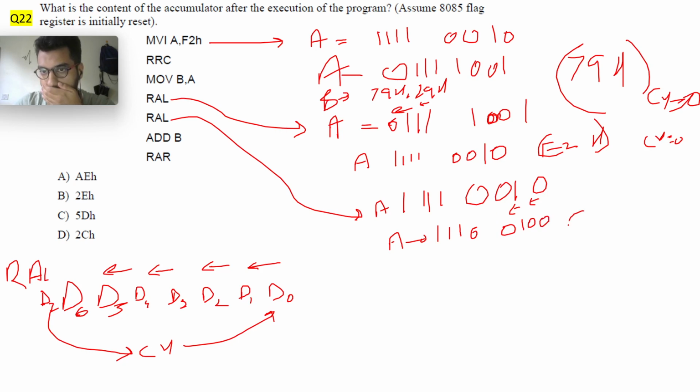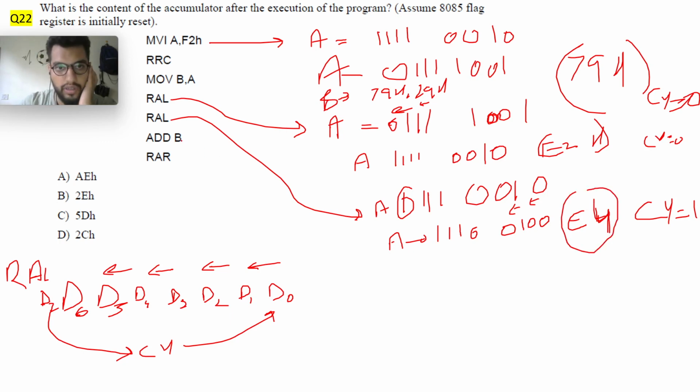So it is E4, but carry will now be equal to 1 because this bit moved into the carry flag. So it's E4. Now I have ADD B. So A plus B needs to be done.